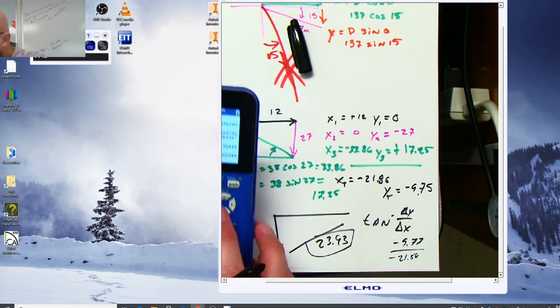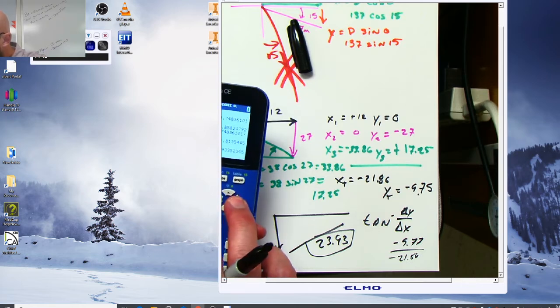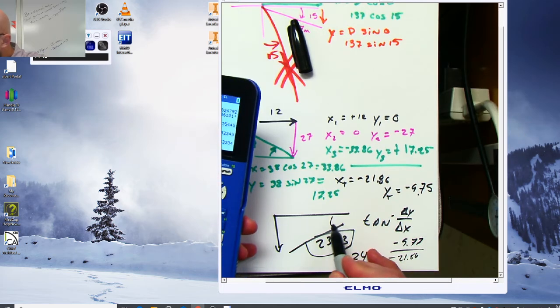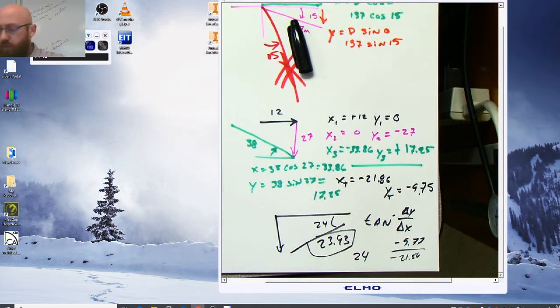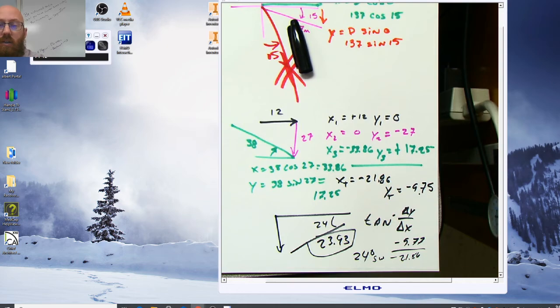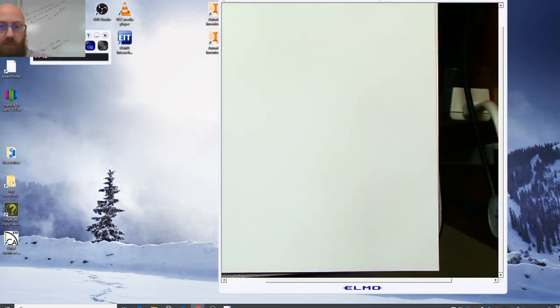Oops, that's supposed to be divided. And that's 24 degrees. So our final answer is 24 degrees south of west. There's our first two problems. Those are big ones. Cool.